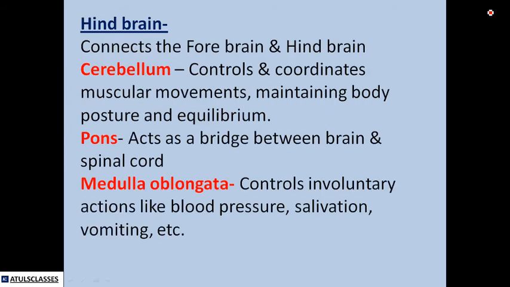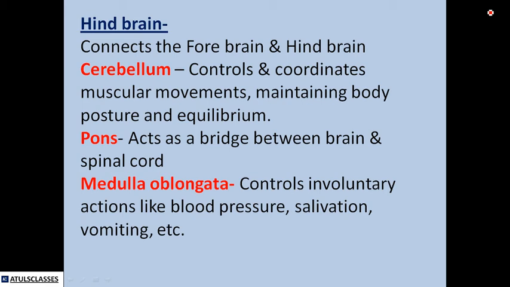Then there is the hindbrain, which connects to the forebrain. It has three parts: the cerebellum, which controls and coordinates muscular movement and maintains body posture. When we are walking in a straight line or riding a bicycle, we don't fall. It's all because of the cerebellum.